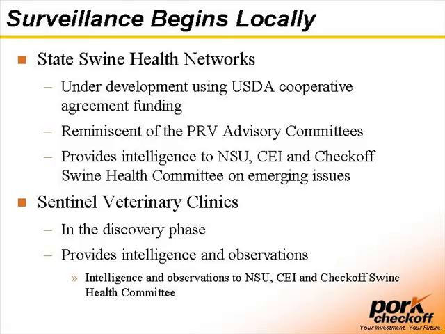And the expectation is that the National Surveillance Unit, the Emerging Issues Unit out at SIA, and the Checkoff Swine Health Committee would all interact with those swine health networks and get data and work together to analyze that data and develop, if needed, appropriate responses.